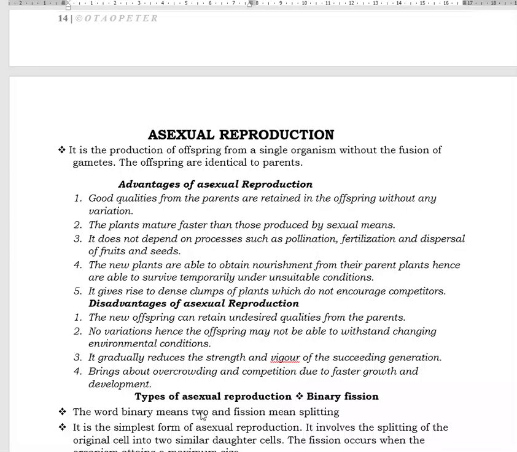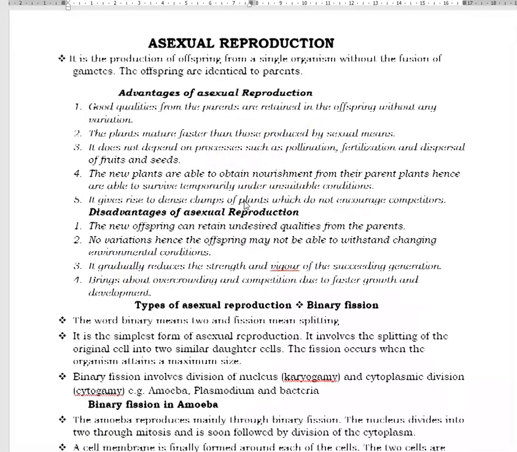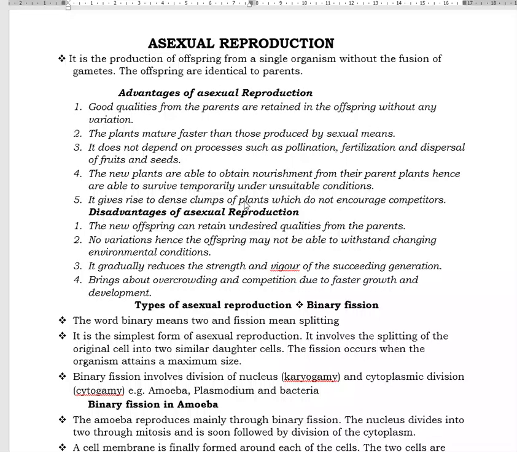So we are done with cell division, and we have looked at two types of cell division, that is mitosis and meiosis. Today we want to look at asexual reproduction. At the end of this lesson you should be able to define asexual reproduction, state the advantages and disadvantages of asexual reproduction, and describe the types of reproduction in both plants and animals.